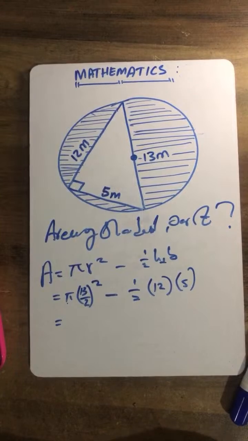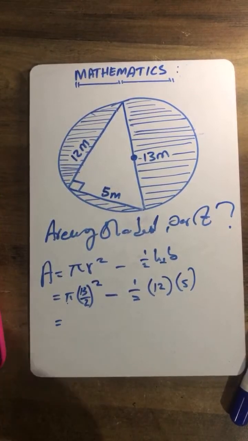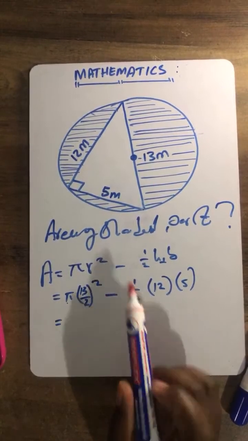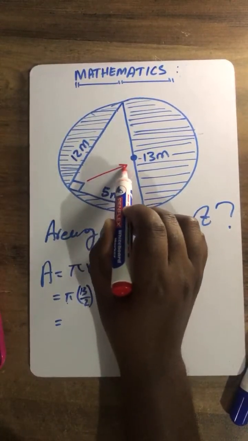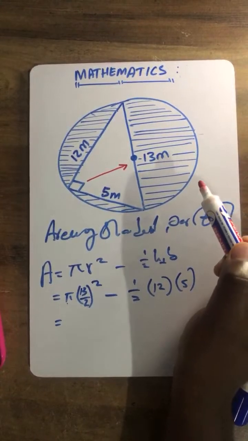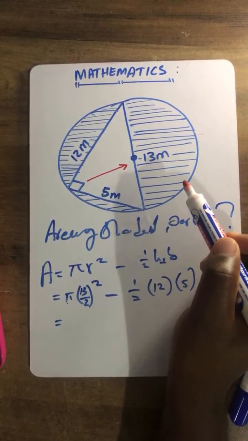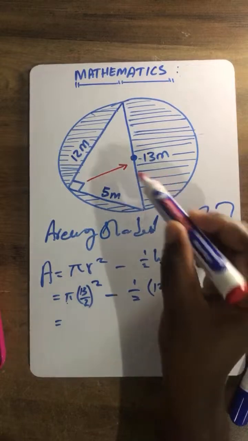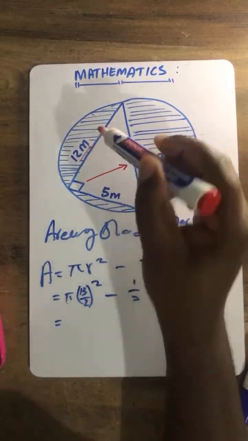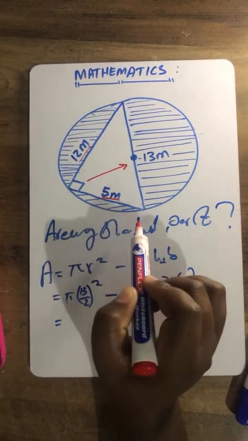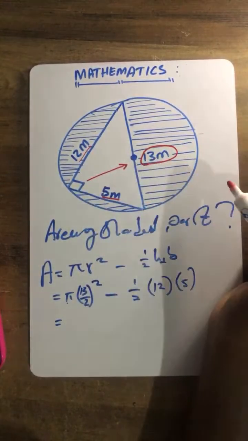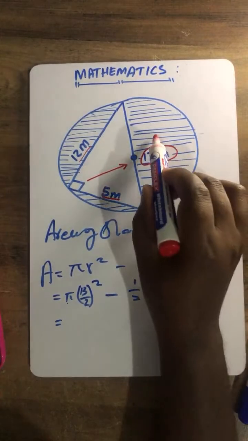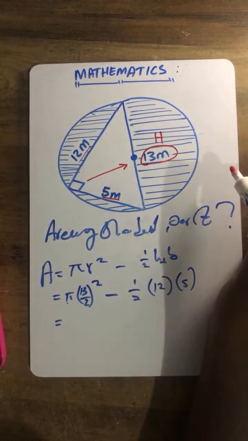Look at this, honorable members. This side is your hypotenuse, which is the longest side. So this one definitely has to be your hypotenuse, the longest side.